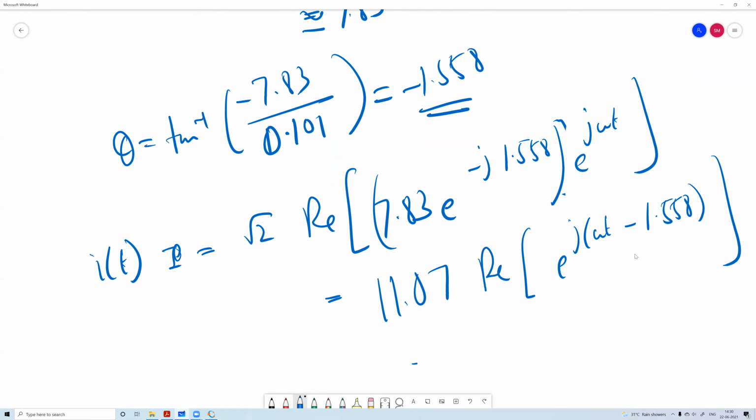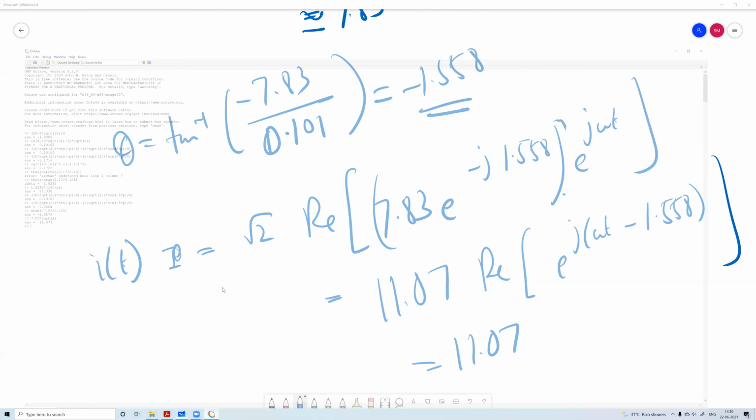Okay. I would like to express this in the sinusoidal form. So I can write this as, what is pi by 2? 1.57.